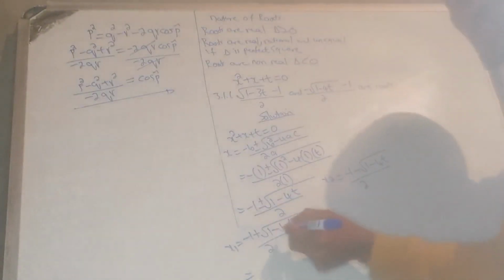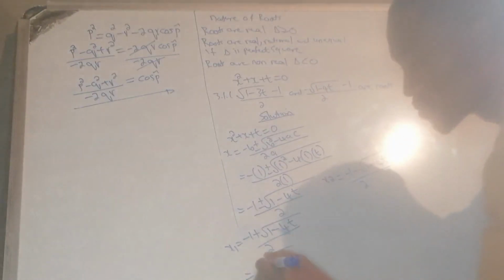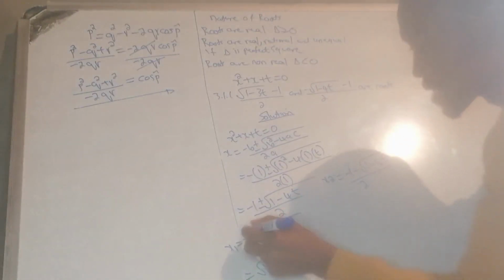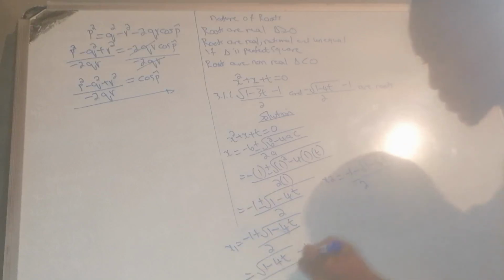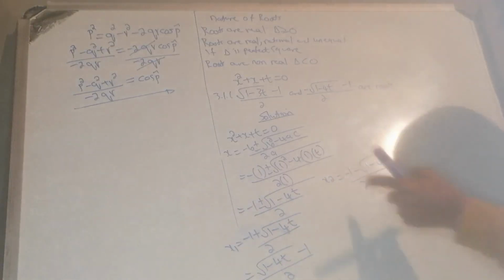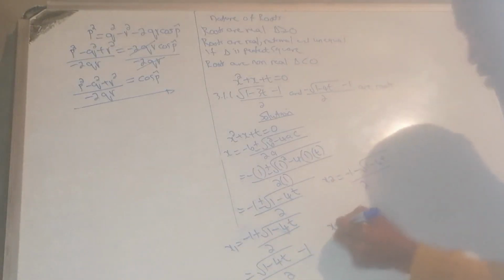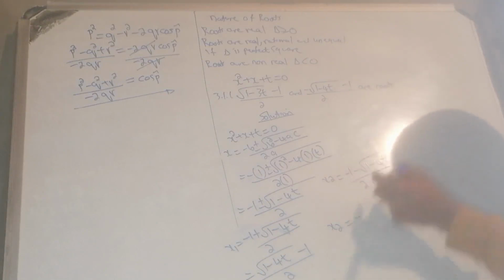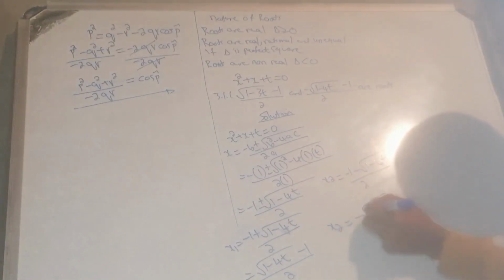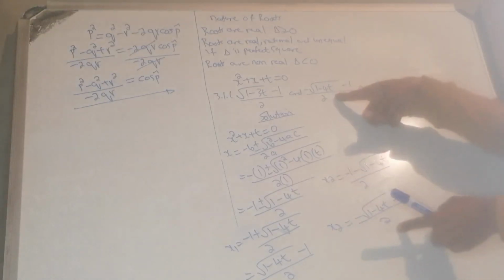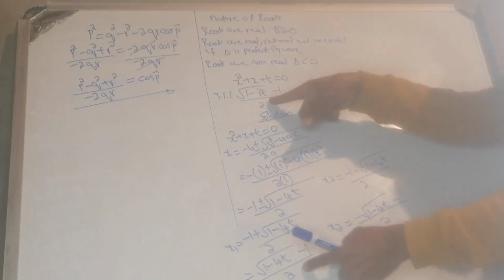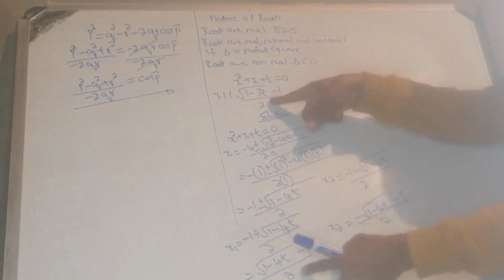Starting first with the square root, it's positive, and this is negative. Is this not the same as that?